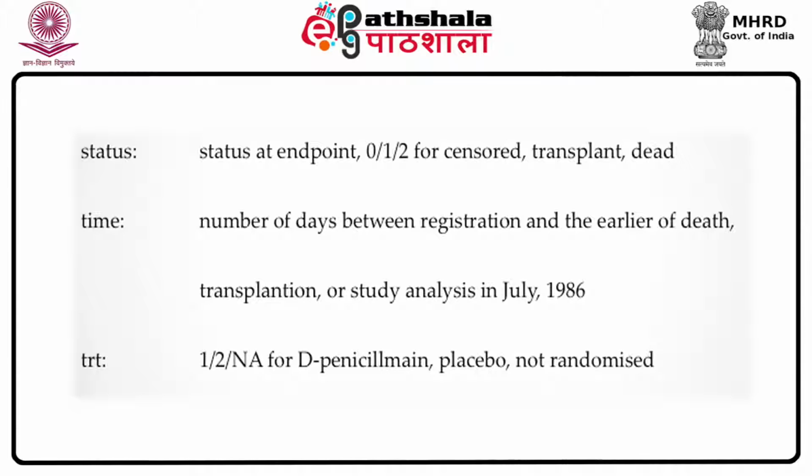The time is the number of days between registration into the study and the first of whether death, transplantation, or study analysis took place. The treatment is 1 or 2 or NA, depending on whether the person was included in the clinical trial of D-penicillamine or whether he was not a part of the randomized trial.